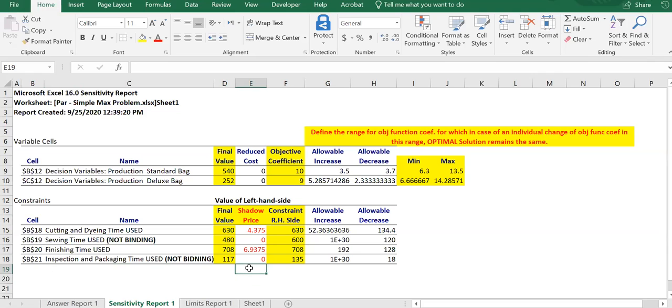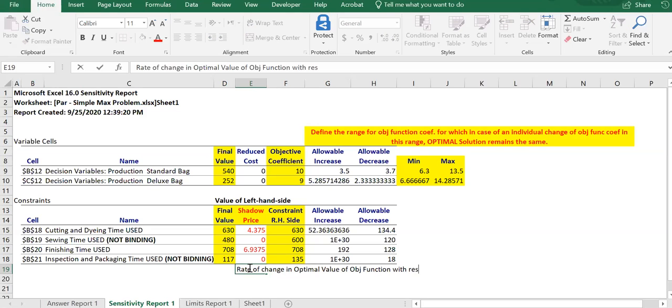So shadow price is the rate of change in the optimal value of the objective function with respect to 1 unit change. Again, we're always talking about individual change here.